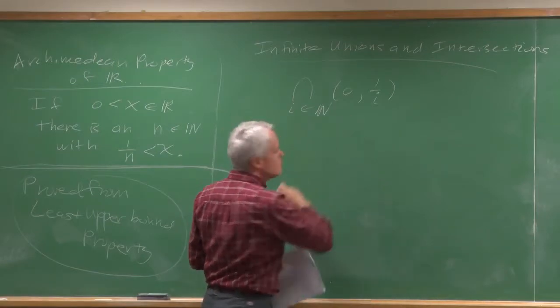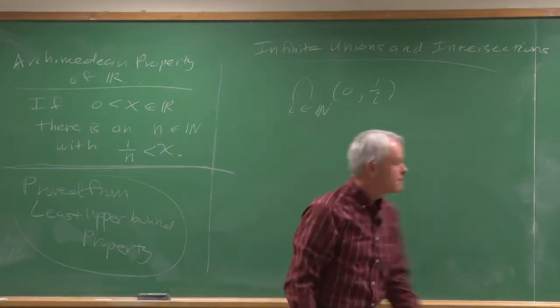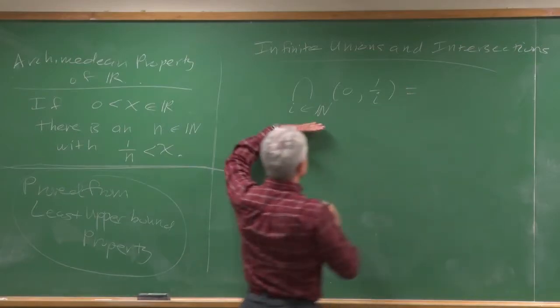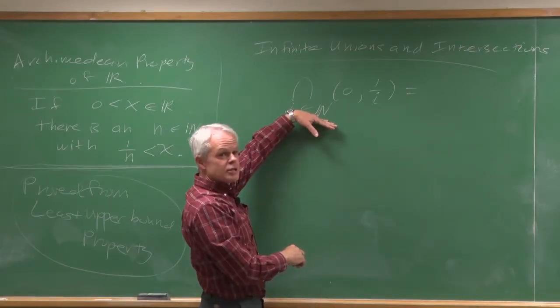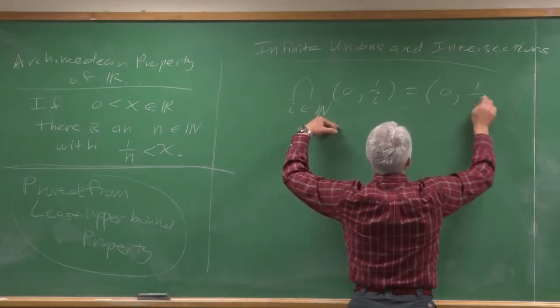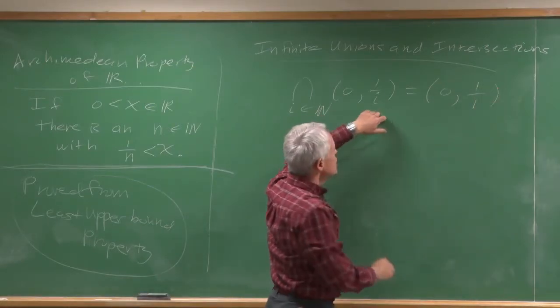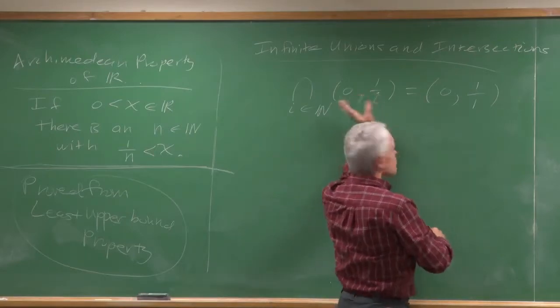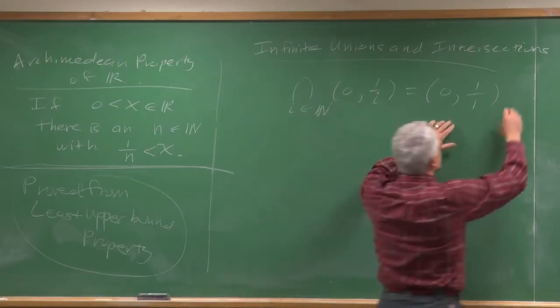So what does this mean, first of all? You pick a natural number, start with 1, and you substitute that in, you have this interval. Okay, so we're talking about intervals in the real numbers here.